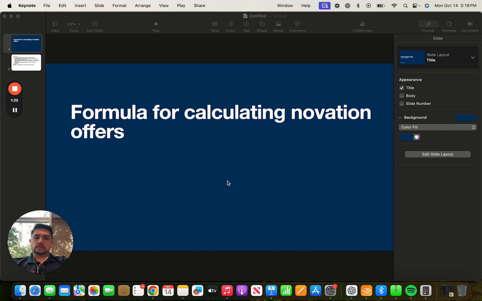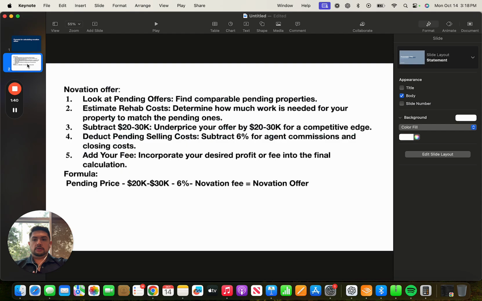So going on to novation, this is basically how we're calculating our numbers. One, look at pending offers, find comparable pending properties. I like to look at apples to apples. I get super specific. I look in the same exact neighborhood, same bedroom, same bath, as close as I can to the year built, the size of the property, the lot size.